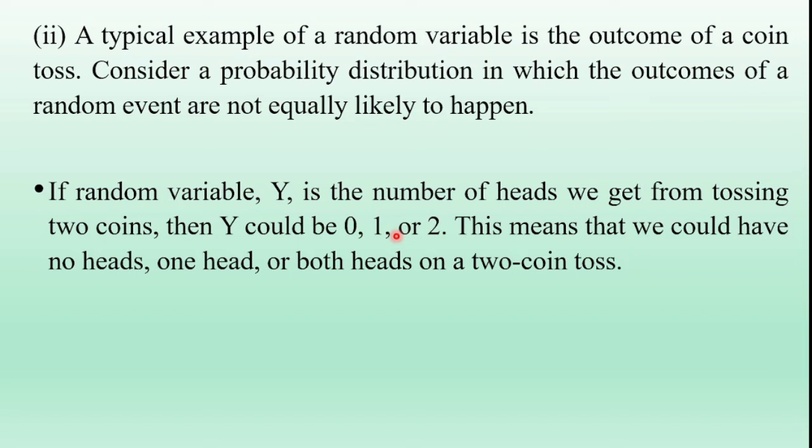Now here the random variable Y is defined to be 0, 1 or 2. What is the random variable Y? The random variable Y is the number of heads we get from tossing two coins. So Y can be 0, 1 or 2.